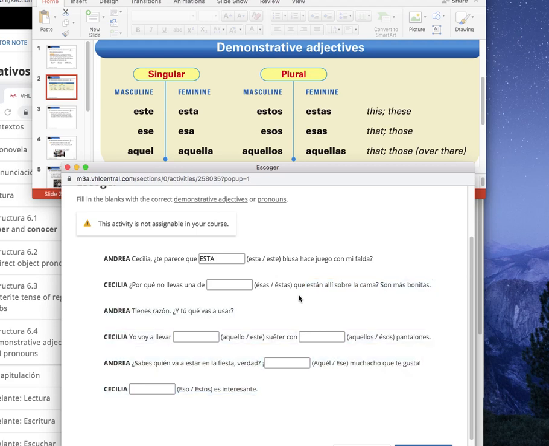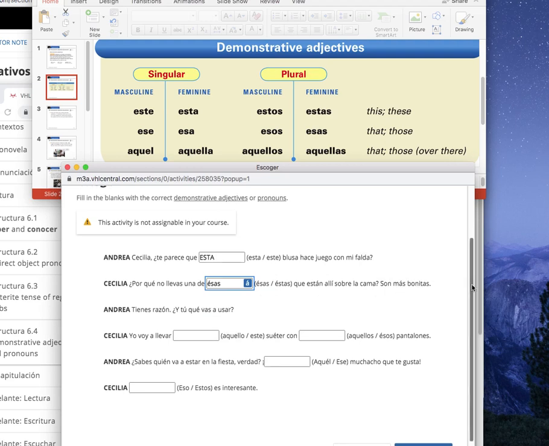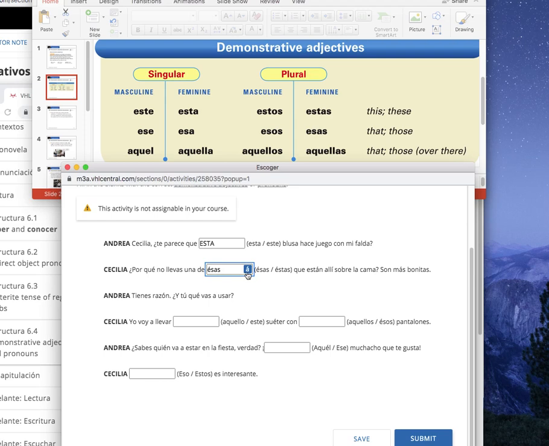So we know there's more than one blouse, so it would be esas, right? So it would be esas. So you can put in your accent mark here. Esas. Esas que están ahí sobre la, those ones. So this is a pronoun. That's why it has the accent. Because you notice that Cecilia is not saying blusa.